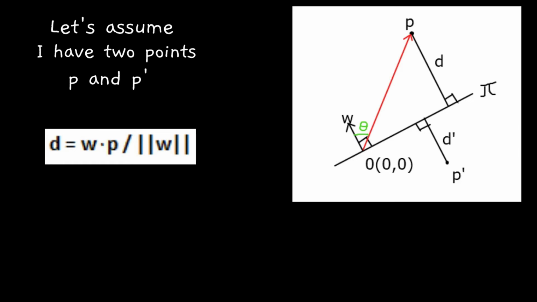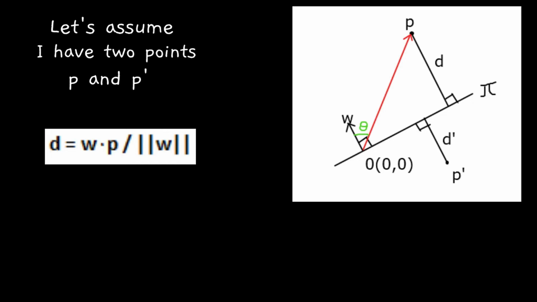Here d is nothing but W dot P divided by norm W. If W is a unit vector, then norm W would be 1. We can discard this denominator because it's always 1, right? Now the angle is theta between vector P and vector W. Here the angle between W and P is less than 90 degrees. So W dot P will be positive, right?